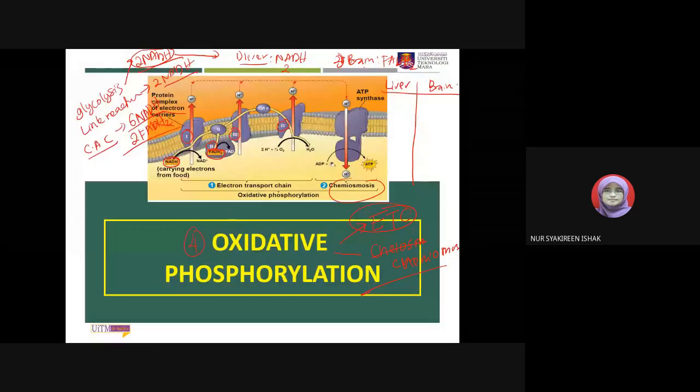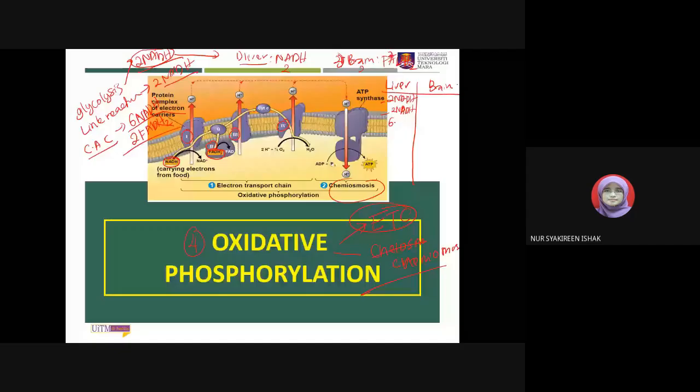Okay, liver 2 NADH masa glycolysis, 2 masa link reaction, 6 masa Krebs cycle. So jumlah 10 NADH untuk liver campur dengan 2 FADH2. Ini awak kena ingat.